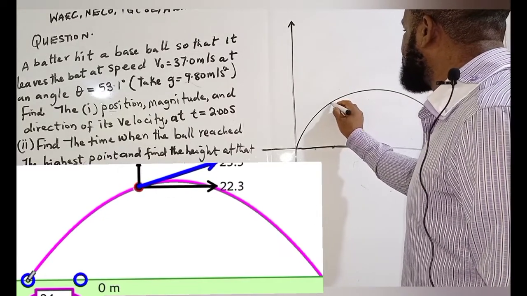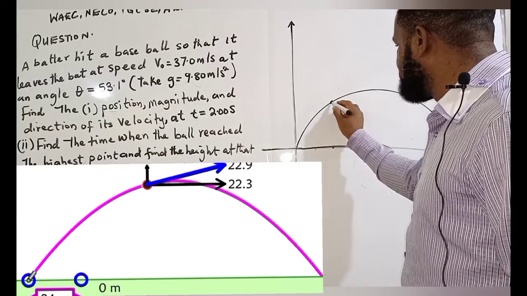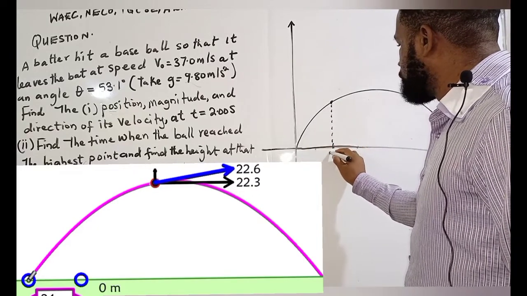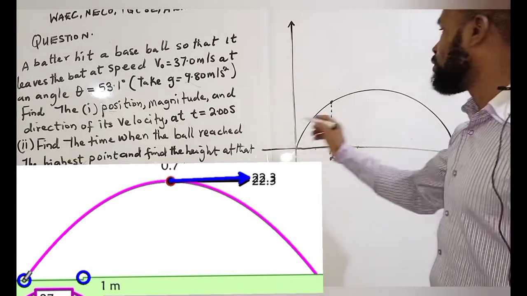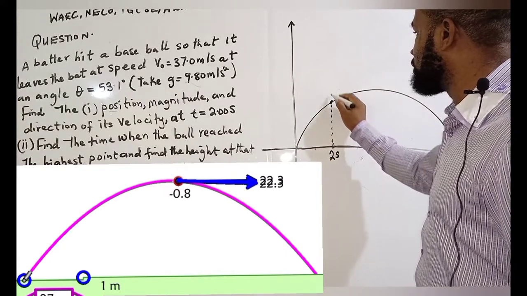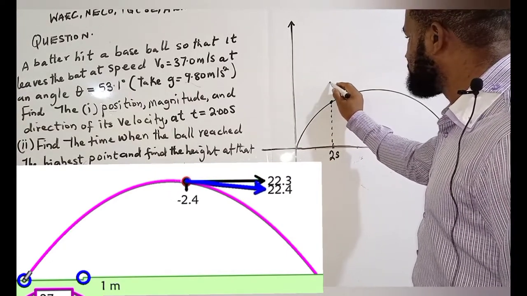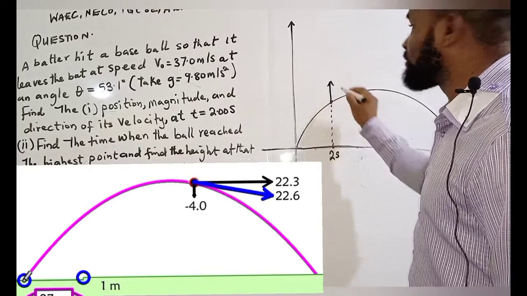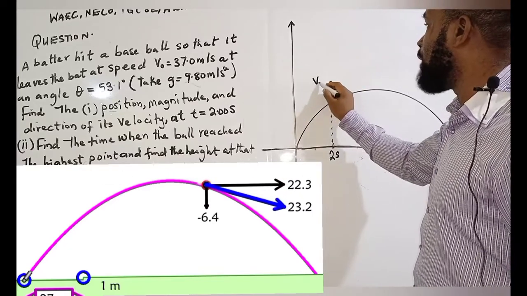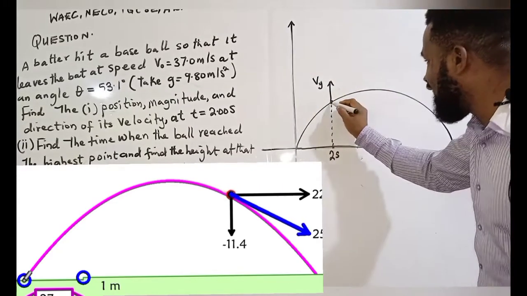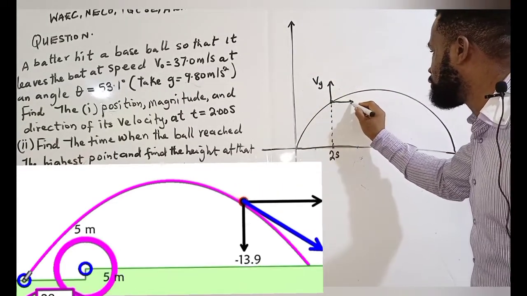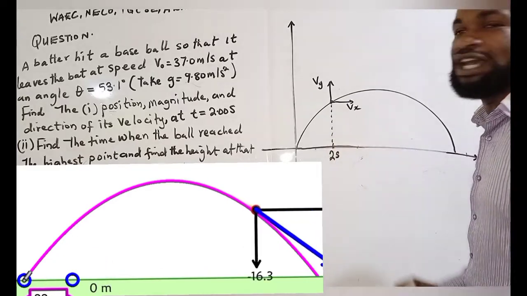So after 2 seconds, let me call this place 2 seconds. Now, how am I going to find, because at these 2 seconds, a few things happen. After 2 seconds, we have Vy, which is the vertical component of the velocity. And then at this same point, we have the horizontal component, which is Vx.